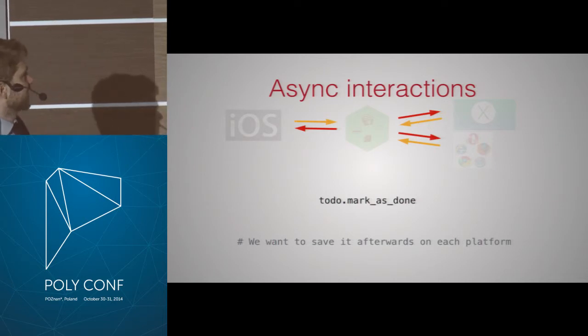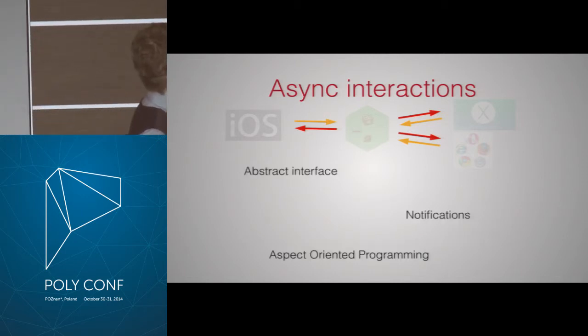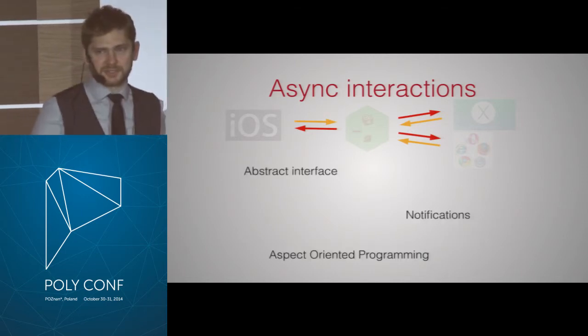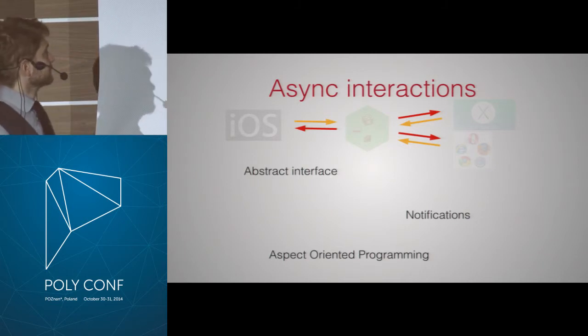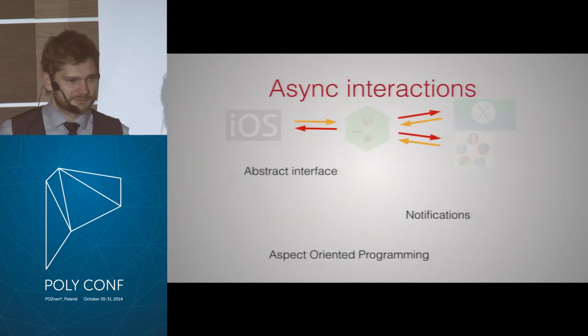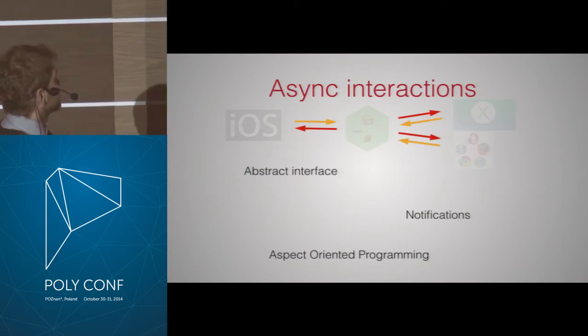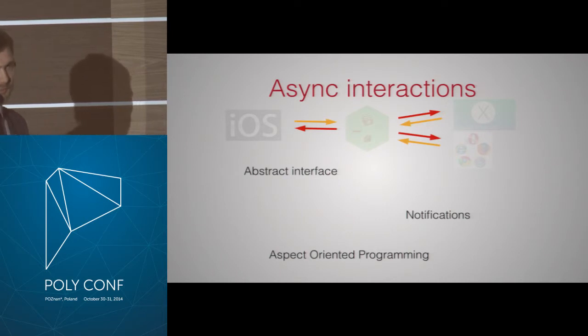It just marks the item as done. So saving in this application can happen asynchronously. And we have different ideas how we can implement that. I'm going to skim it a bit because I have 10 minutes left.